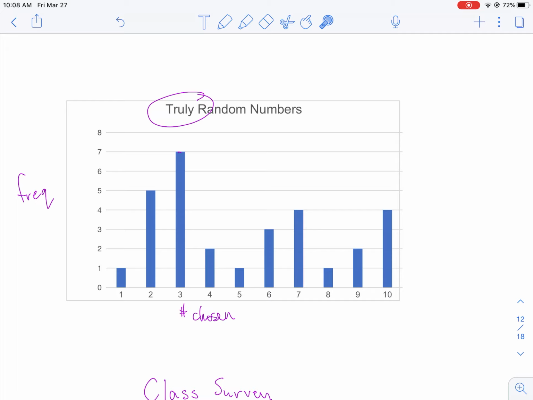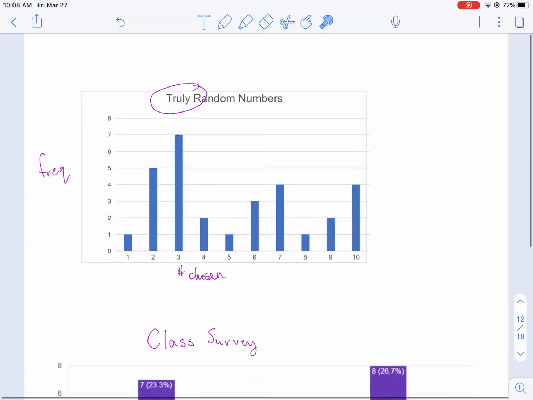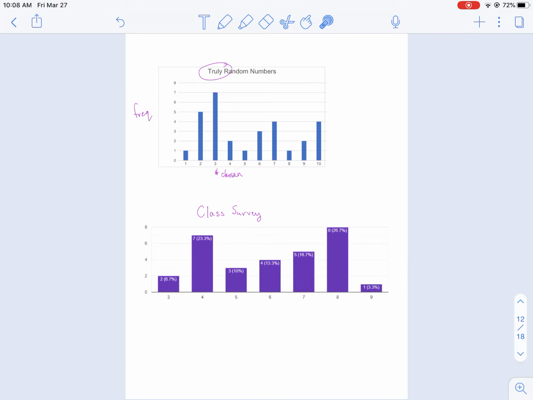Also, this is with only 30. I would expect over time that these would even out because it's randomly choosing them. Whereas in a class survey, if we have unknown biases that help us get to 4 and 8, these would probably keep growing compared to 1 and 2 and 10.